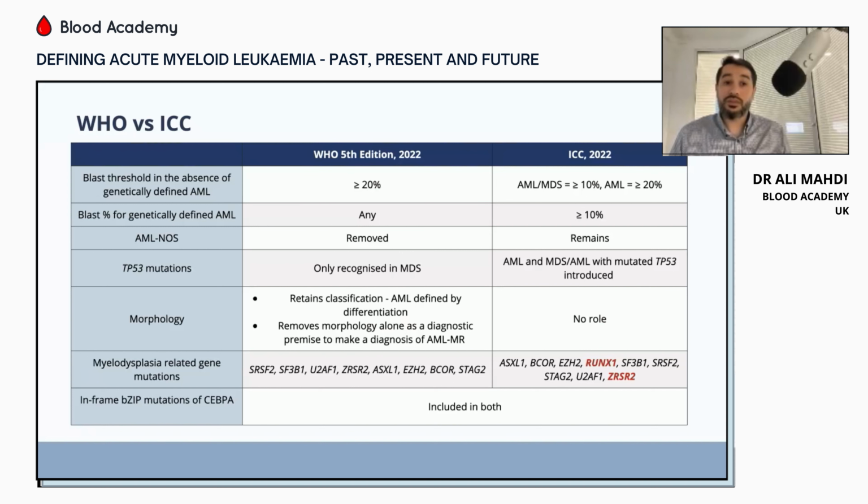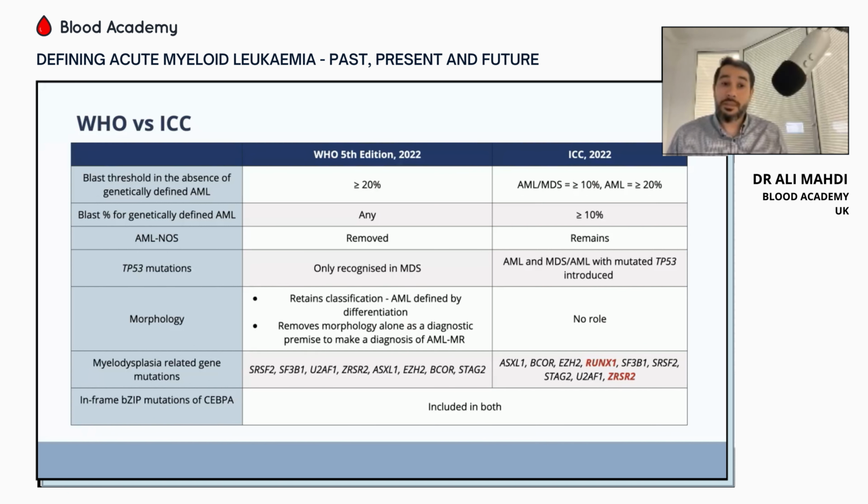The blast percentage for genetically defined AML could be any blast percentage. It didn't have to be a specific cutoff for the WHO, whilst the ICC gave the cutoff of 10% or more.